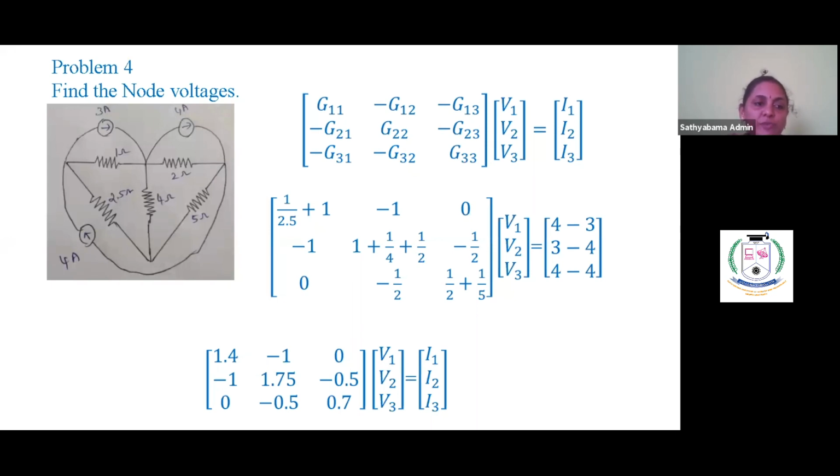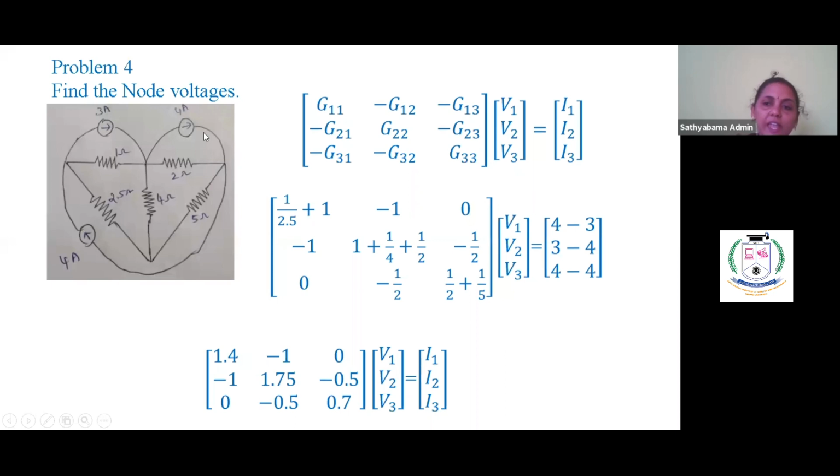Now this 4 amps is entering the node and 3 amps is leaving the node. So 4 minus 3. Okay. So this answer will be 1. Clear? Next, for second node 3 amps is entering and 4 amps is leaving.